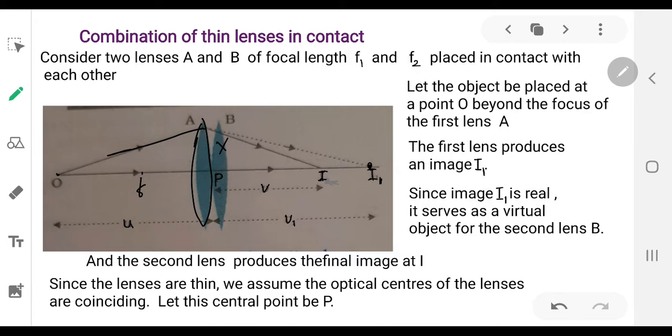Since we have kept the object beyond the principal focus and it is a convex lens, it produces a real image. So since image I1 is real, it serves as the virtual object for the second lens B, and then the second lens produces the final image at I.